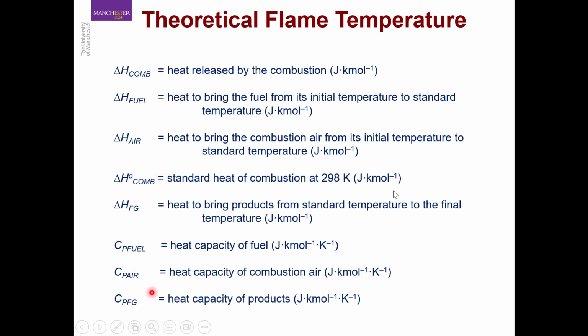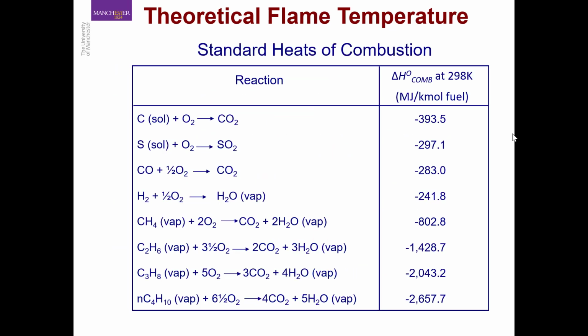So here you have the 3 heat capacities involved in the system, and if you look at it, these are the molar heat capacities, and that's why you have the unit joule per kilomole per Kelvin. Okay, and here I'm just providing you some of the standard heats of combustion for typical fuels. For example, we have carbon or sulfur, or we have natural gas that is, as I said, the most common fuel, and also ethane and propane.